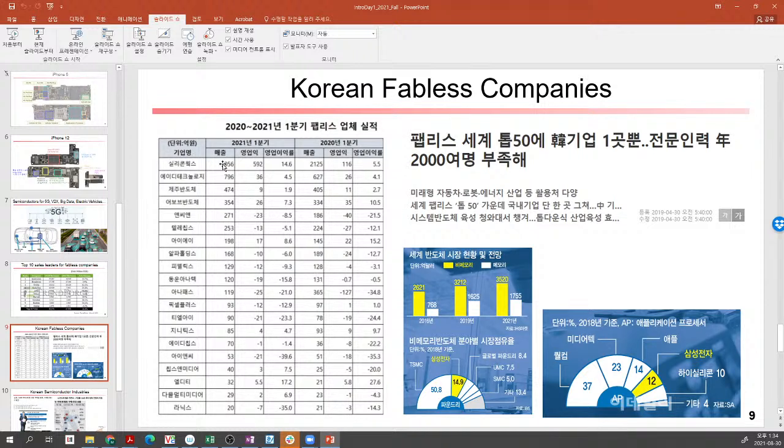Let's say Samsung found a company, and LG also found a company, and every company goes out to find such a driving IC company, and if they are using the same driver ICs, they don't have differentiation. Most systems will have similar performance, right?